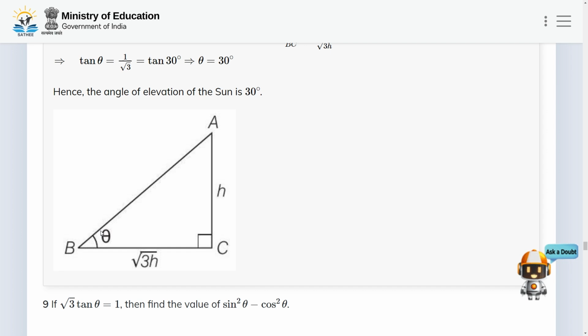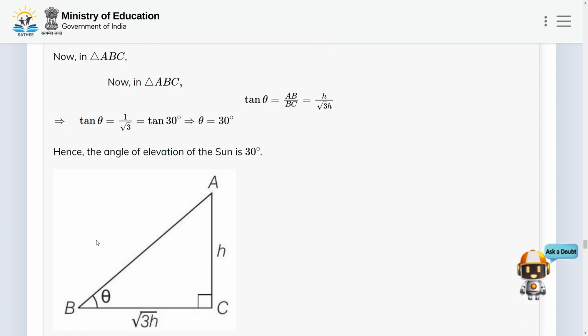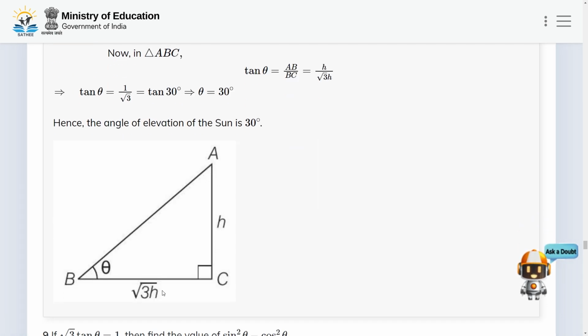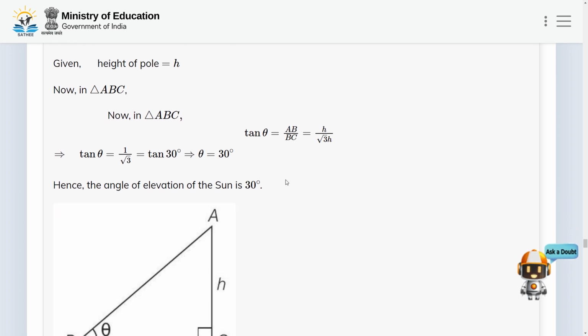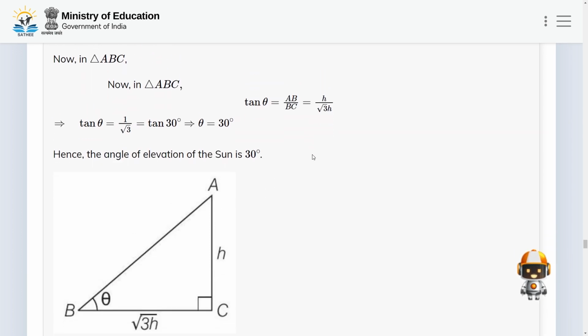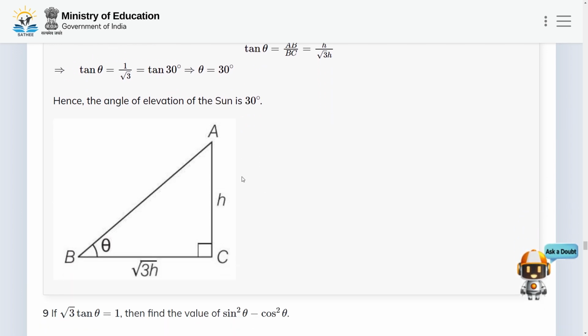Given the height of the pole is h, in this triangle ABC, tan theta is equal to AB by BC, and this is equal to h by root 3 h. This implies tan theta is equal to 1 by root 3, and we know tan 30 degree is equal to 1 by root 3. So it implies theta is equal to 30 degree. Hence the angle of elevation of the sun is 30 degree.